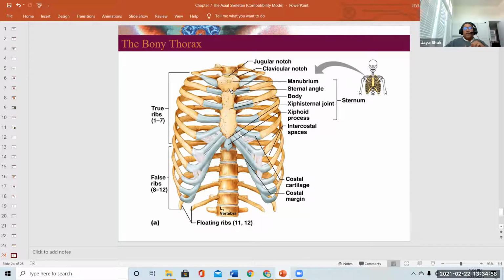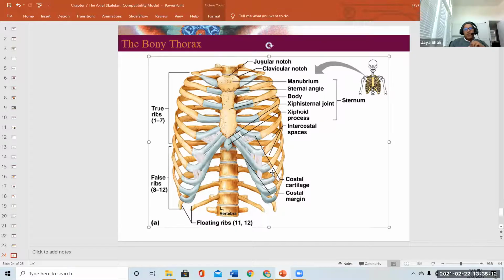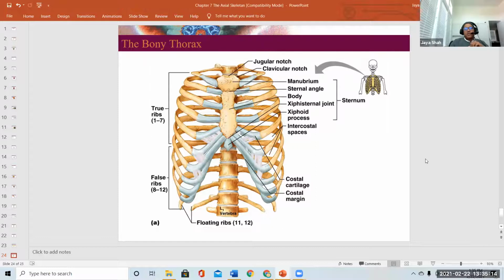You can put your finger here and find this bump, and then from there the corresponding intercostal spaces: space 1, space 2, 3. You can find which space, because the fifth intercostal space is the space for your heart apex.